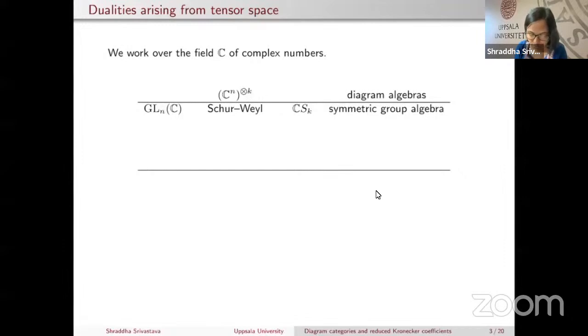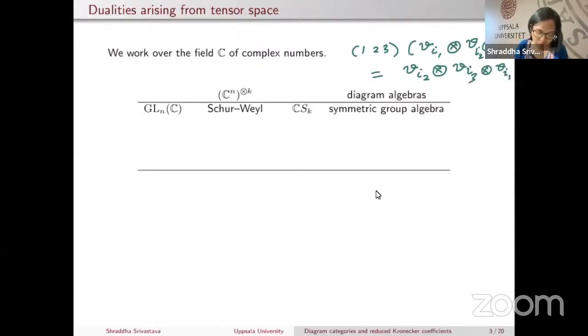And the symmetric group S_k acts on this tensor space by permuting the tensor factors. For example, this 1, 2, 3 acts here by just permuting the places of these tensors, so this will become v_i2 tensor v_i3 tensor v_i1.